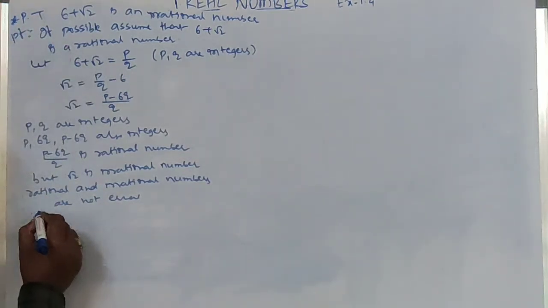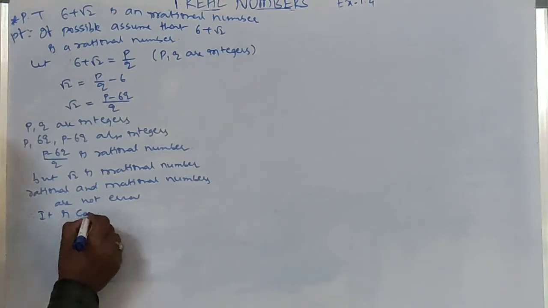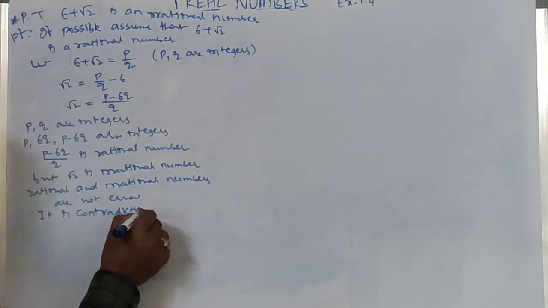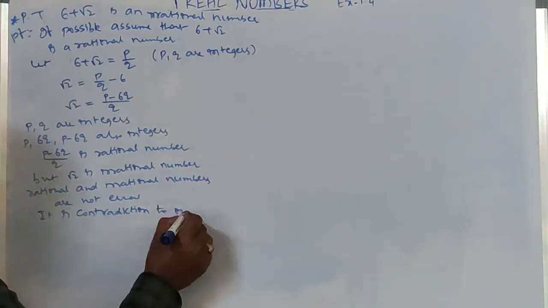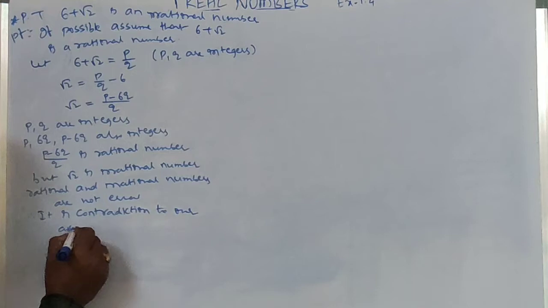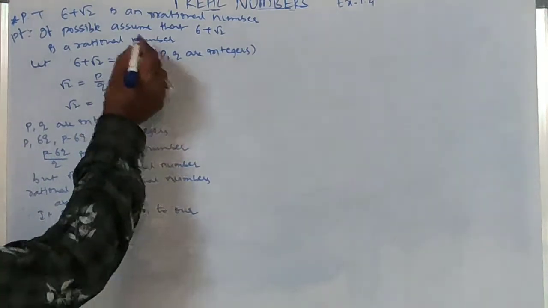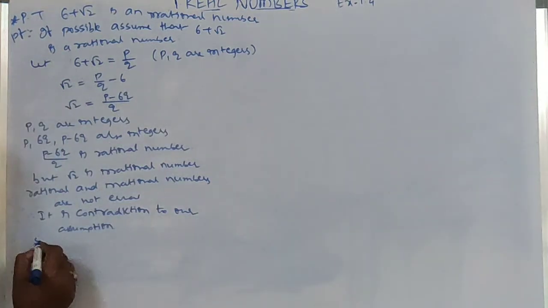Therefore it is a contradiction to our assumption. What is our assumption? What we considered is wrong. So our assumption is wrong.